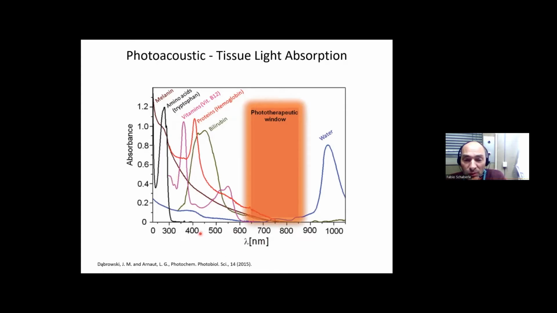Below 600 nanometers, more or less, biological tissues have several components or molecules that absorb there, so the light will not penetrate. So we should consider photoacoustics above 600 nanometers, because we have more penetration of light and we can image deeper in the tissue.